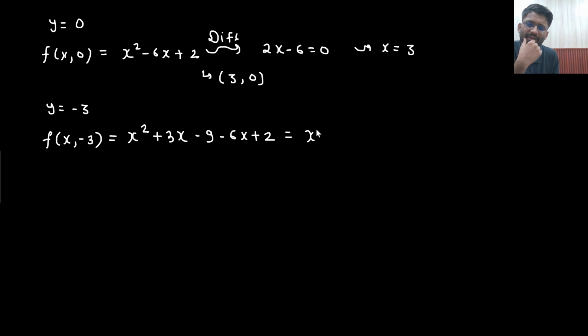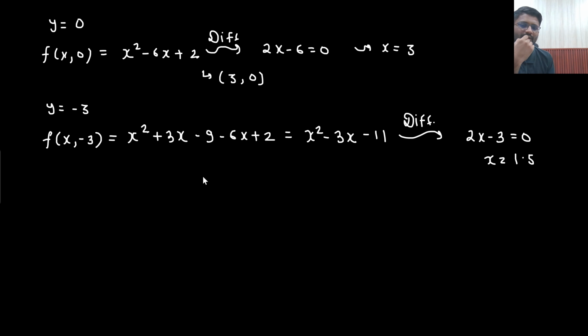So this has become x square minus 3x minus 11. Now I will have to differentiate it and put that equal to 0. So 2x minus 3 equals to 0, so x comes out to be 1.5. So what is the point you are getting? Minus 3 comma 1.5.